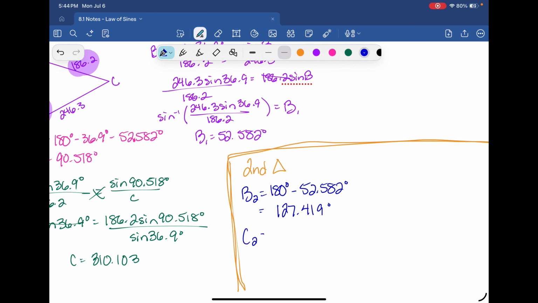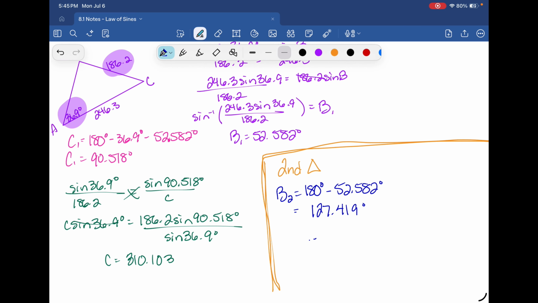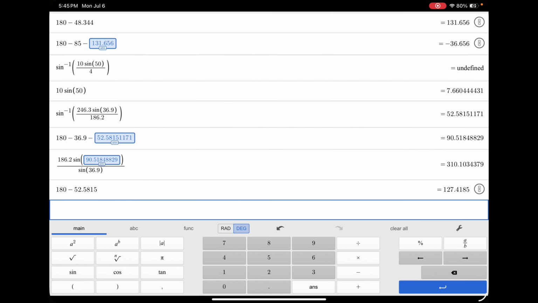Find angle C2. 180 minus the given, and it's going to bother me that I use the same color, minus your new B2, minus 36.9, minus the previous answer.